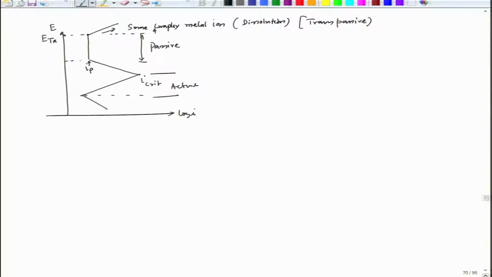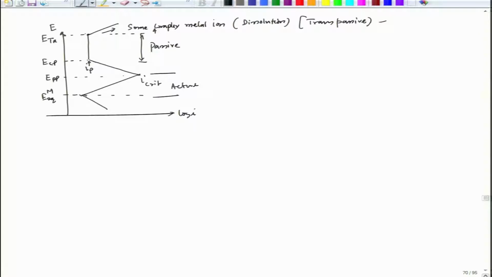So, this is ECP, this is EPP, this is E equilibrium of M. Now, why does transpassivity appear, and this breakdown?